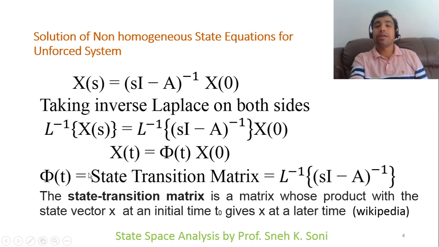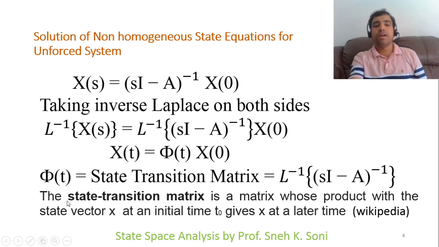Now what is phi(t)? Phi(t) is called the state transition matrix. As the name suggests, state transition is the relation for the transition of states. It is basically the Laplace inverse of (sI minus A) inverse.